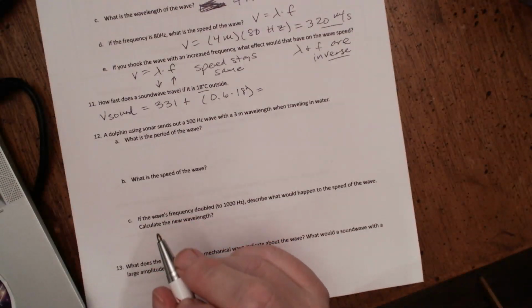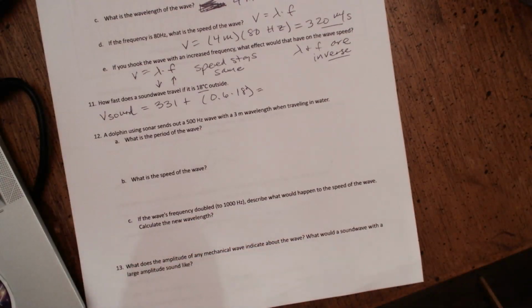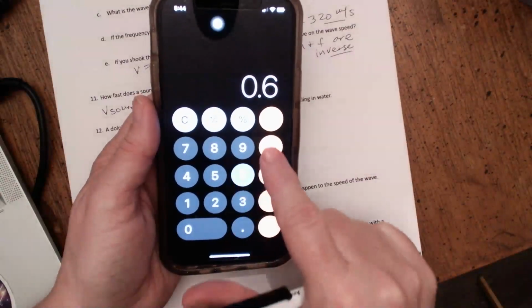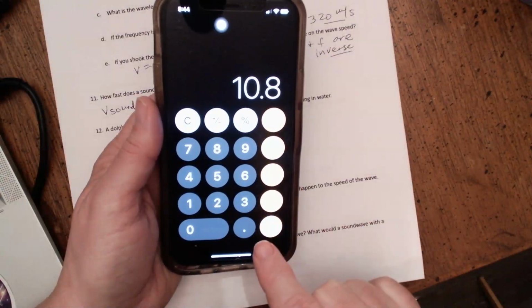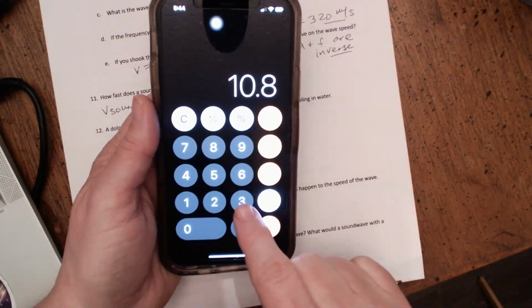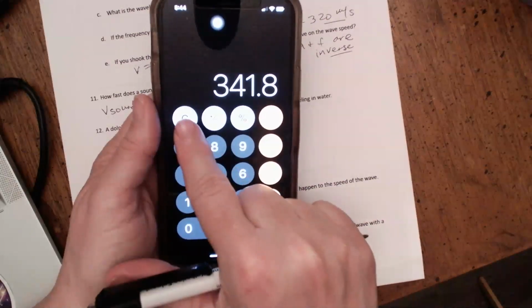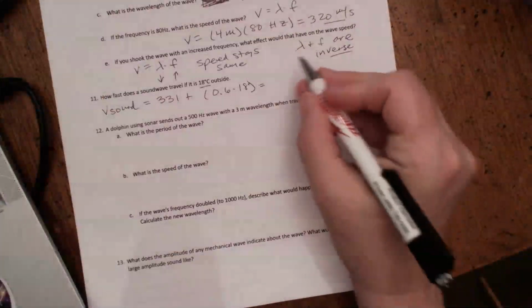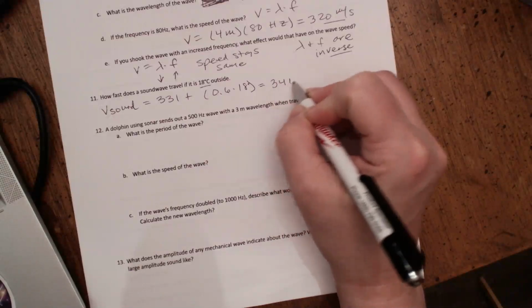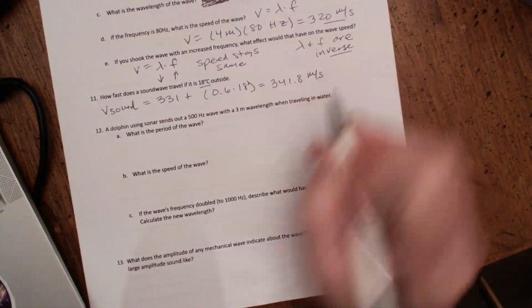I don't have my calculator handy. I'll just use my phone. So 0.6 times 18 is 10.8, and then I'm going to add that to 331. That gives me 341.8, and that's in meters per second.